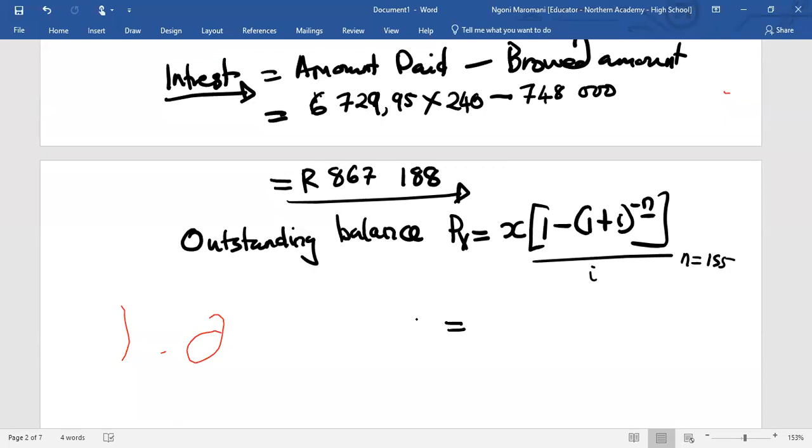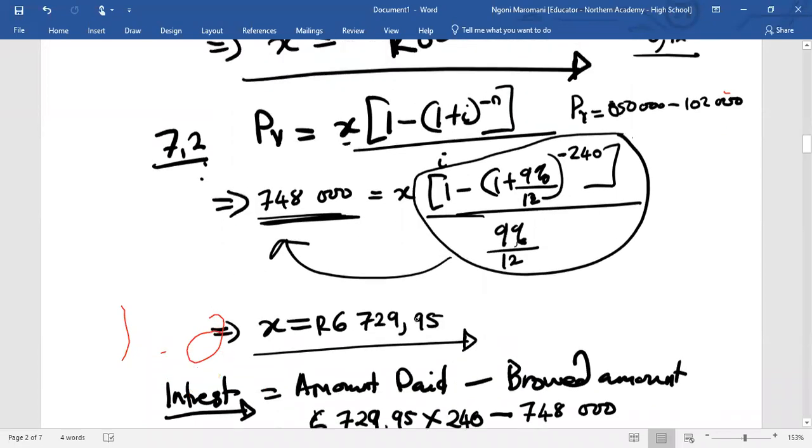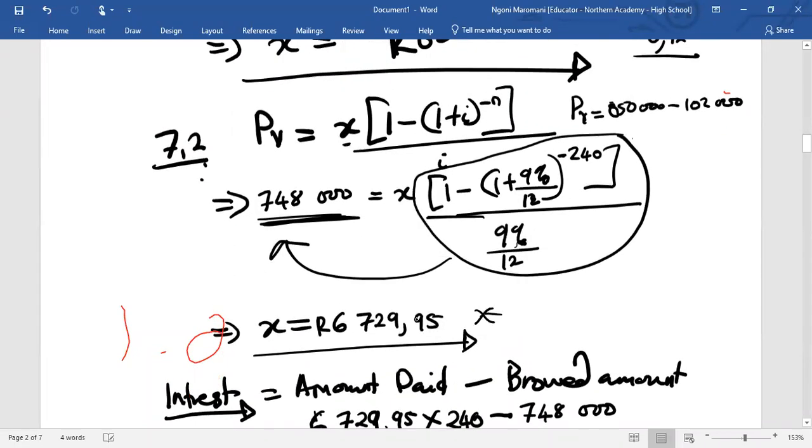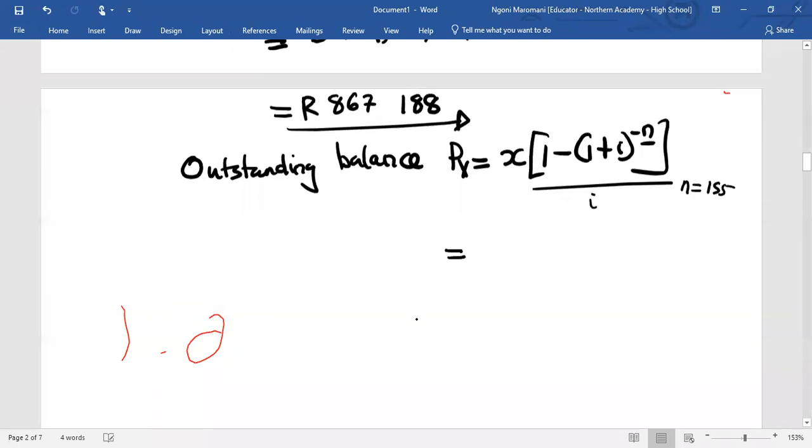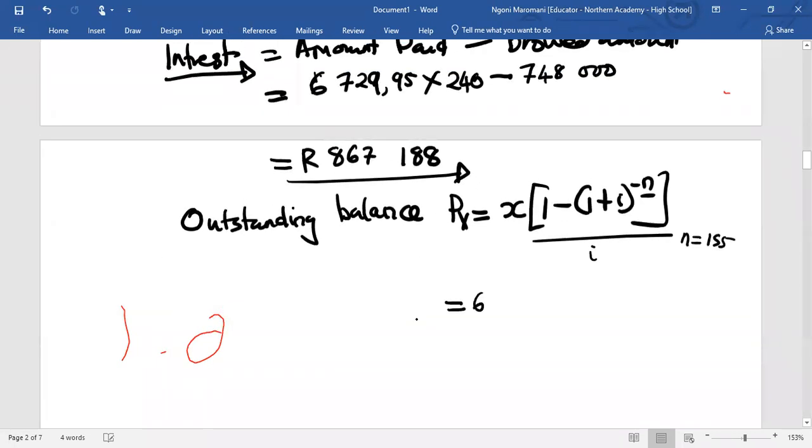How much are you paying? 6,729.95. So our X is 6,729.95 into 1 minus 1 plus, our interest is still at 9% compounded monthly.